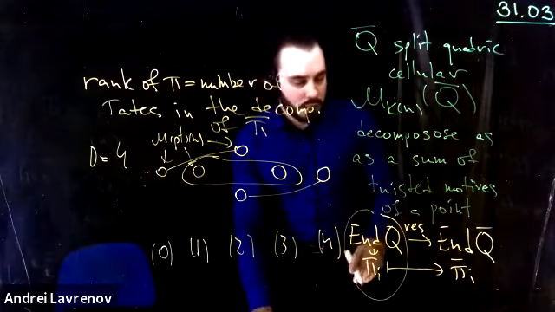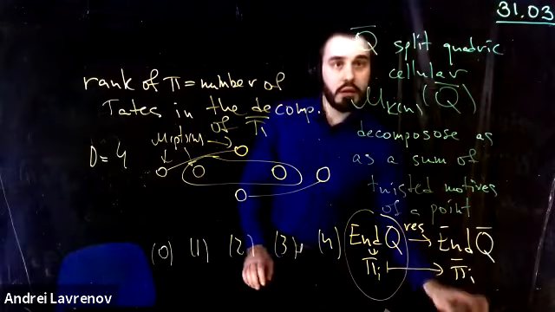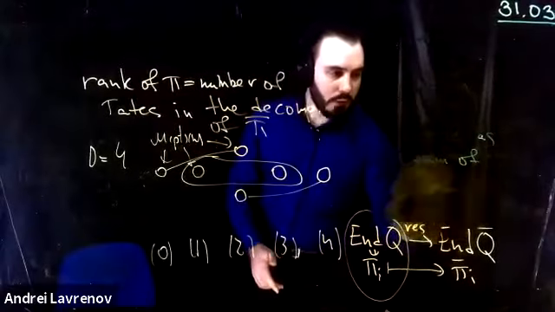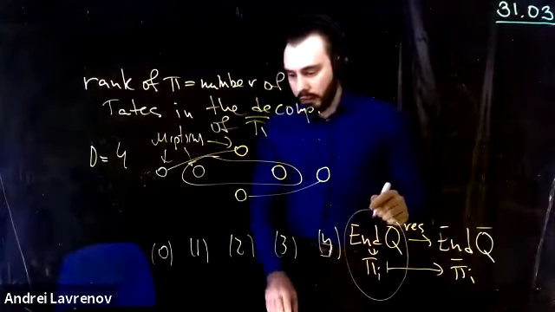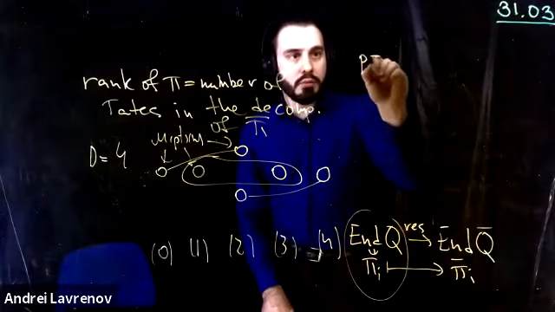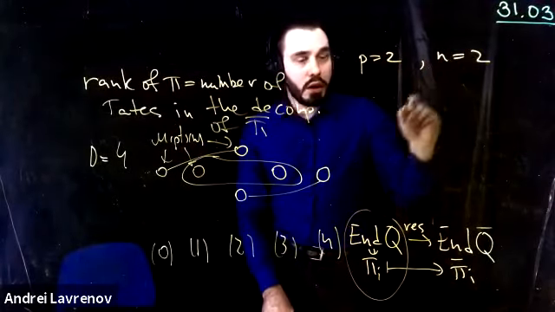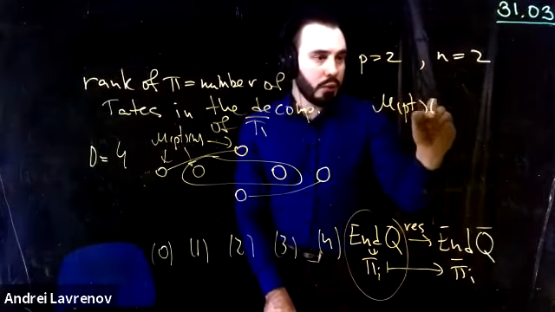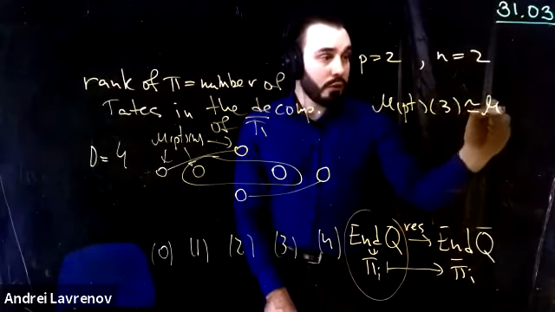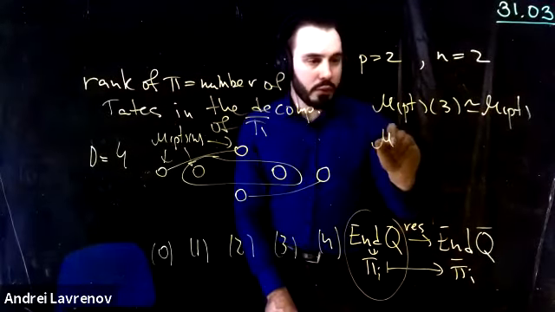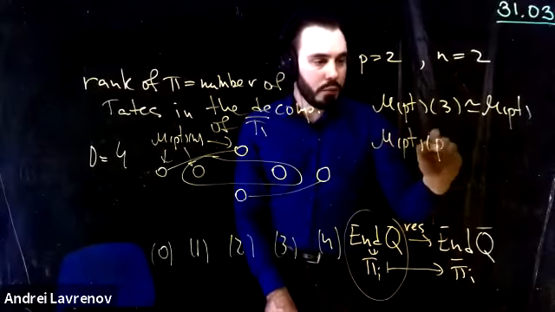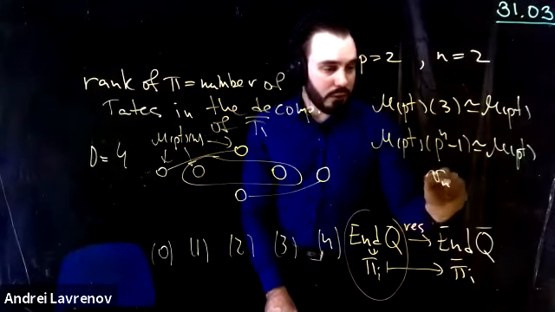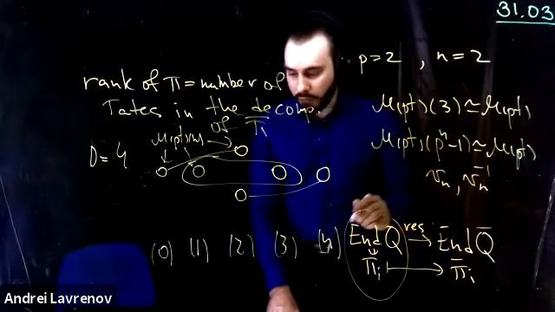Obviously, this picture is maybe not very suggestive for Morava K-theory as is, because, for example, if we take p equal to 2 and n equal to 2, then we'll see that the motive of a point twisted by 3 is isomorphic to the motive of a point. And in fact, always the motive of a point twisted by v_n minus 1 is isomorphic to the motive of a point. That's just because this v_n and v_n minus 1 give this isomorphism.